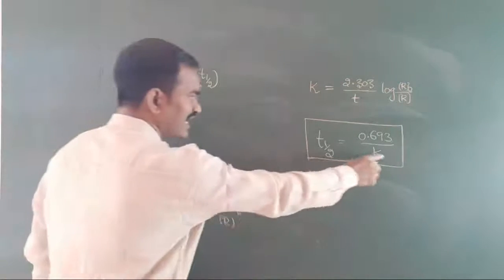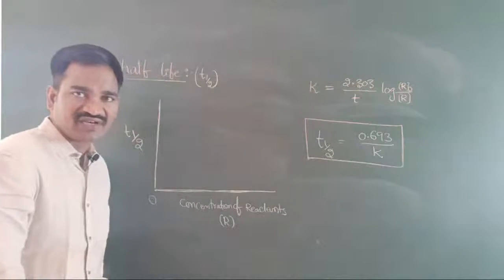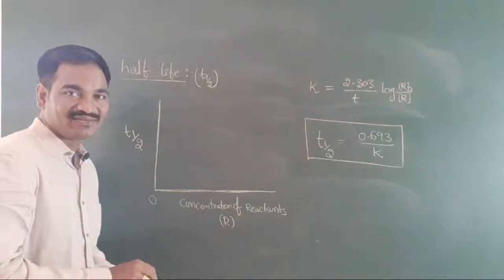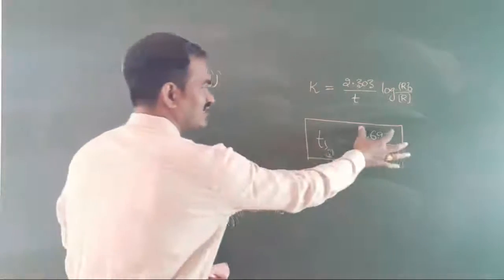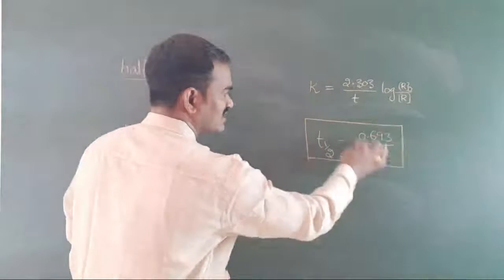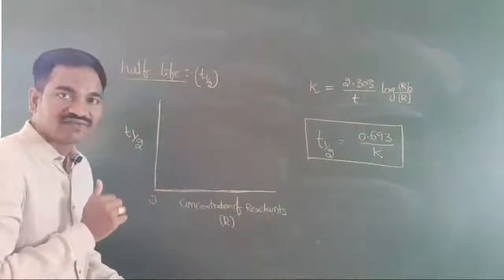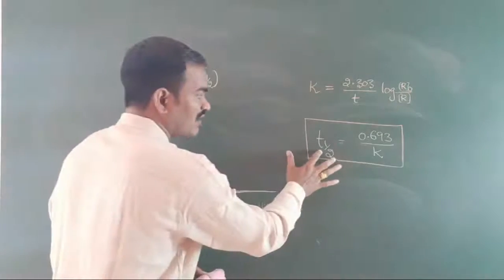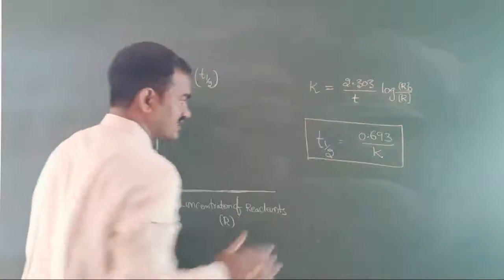Have you seen any relation with the concentration of reactants? No, there is no relation, there is no concentration term. Half-life is constant. Which half-life? First order half-life is constant.